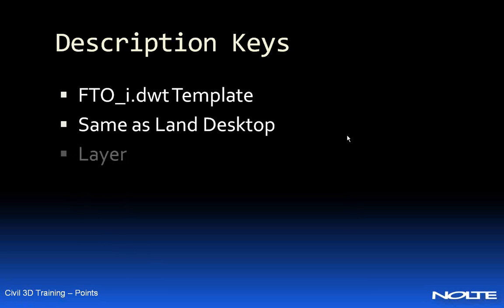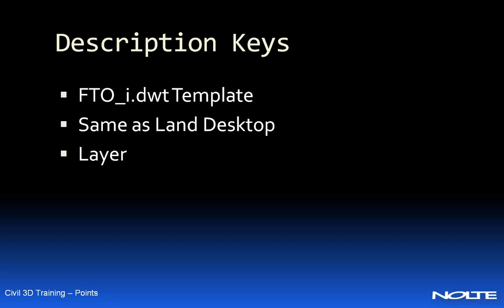All right, so what do description keys do for us? For those of you who've never used these before, the main thing is it's going to sort our points to layers, and that allows us to use layer manipulation to turn points on and off, which allows me to XREF this drawing and manipulate point display. I can't change styles through an XREF, so the only thing I can do is manipulate layers. So we still need the layers in order to turn things on and off.